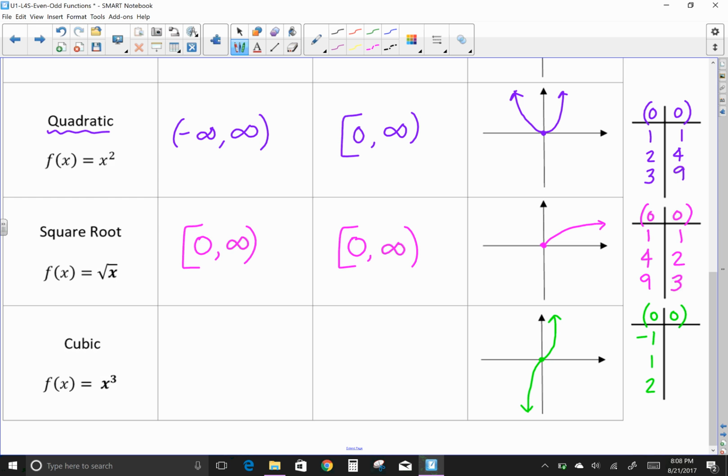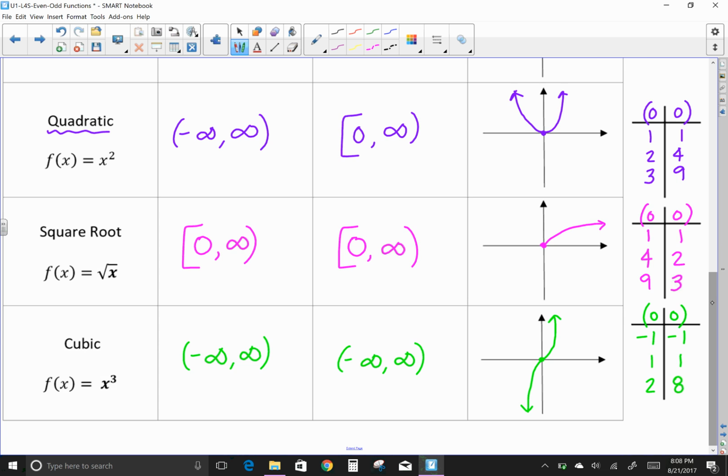When you cube negative 1, you get negative 1. Cube positive 1, you get positive 1. Cube 2, 2 times 2 is 4 times 2 is 8. So again, here's my graph. And the domain: farthest to the left, negative infinity. Farthest to the right, positive infinity. Lowest point, negative infinity. Highest point, positive infinity.